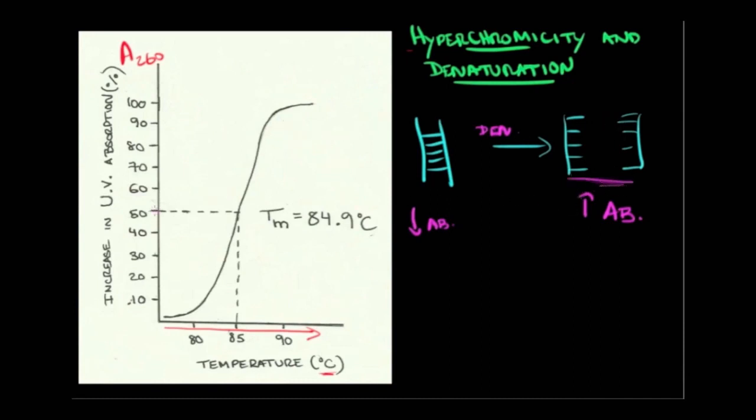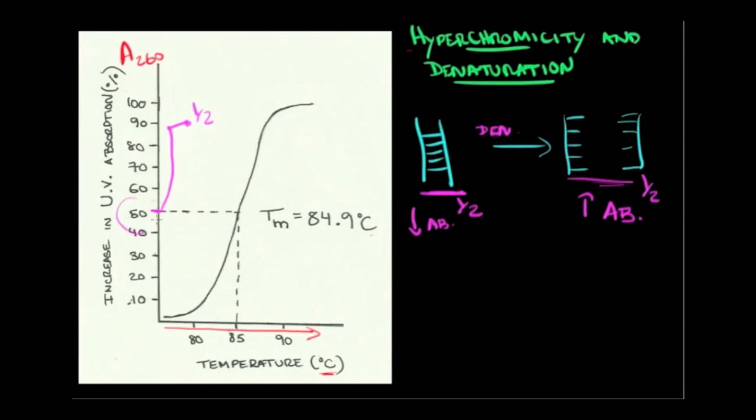If you look at the 50% here, this is 50% of absorption, meaning that at this stage half of the molecules are in this form: half are double-stranded DNA molecules and half are single-stranded DNA molecules.